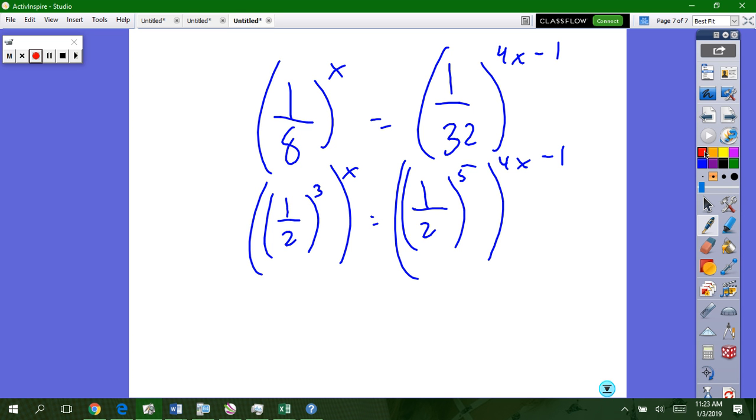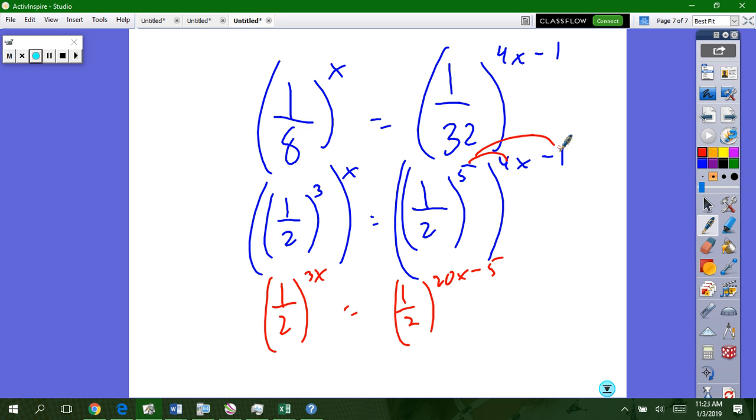Alright, so power to a power: multiply. So this is 1 half raised to the 3x equals 1 half raised to the 20x minus 5. So you have to distribute to both. Okay? Make sure you distribute to both.